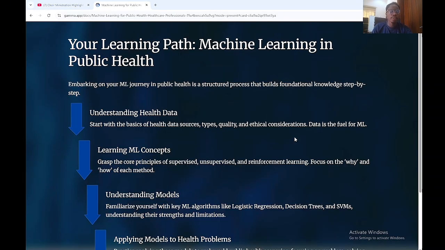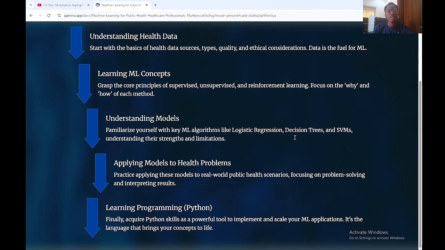Now, another thing is you need to learn some of the fundamental concepts. You need to grasp supervised learning, familiarize yourself with unsupervised learning and reinforcement learning, and focus on the why and how of each of these models.